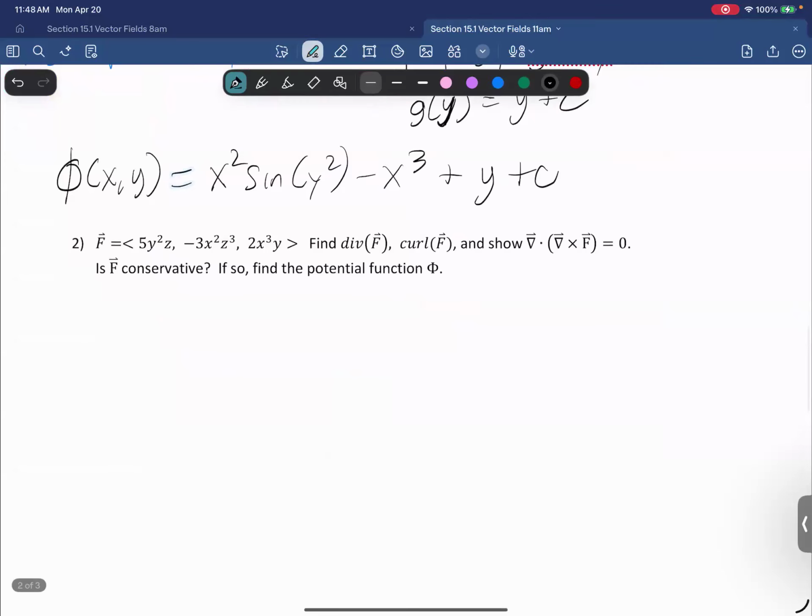Let's find the divergence and curl of this stuff. Same questions as the last one. We'll start with div f. If you want to jump straight to writing it in this form without showing the two vectors multiplied, that would show that you know what you're doing and might save you a step on tests.